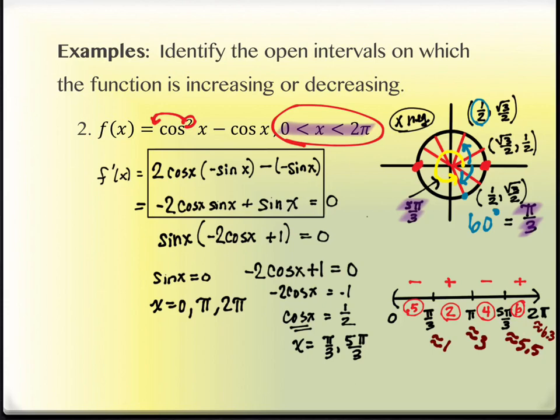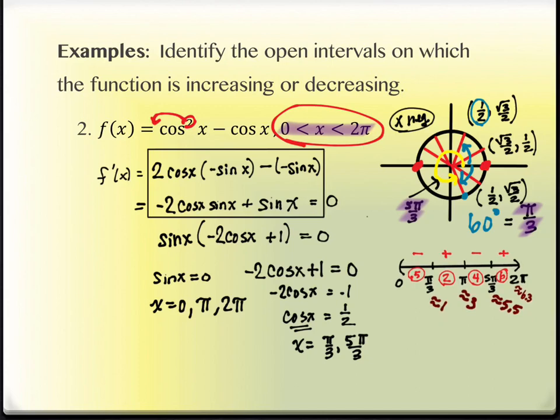Now, the directions simply ask us to identify where it's increasing and decreasing. So let me shift this up a little bit. Using that sign chart, we'll start with increasing because it actually said that in the directions first. Where is this graph increasing? Pi over 3 to pi, 5 pi thirds to 2 pi.